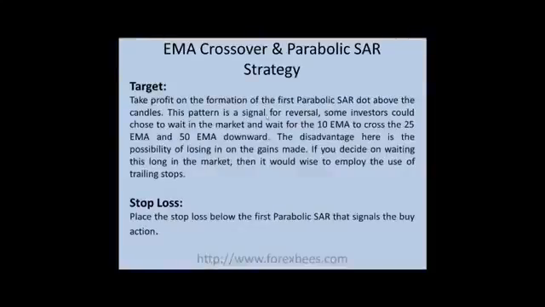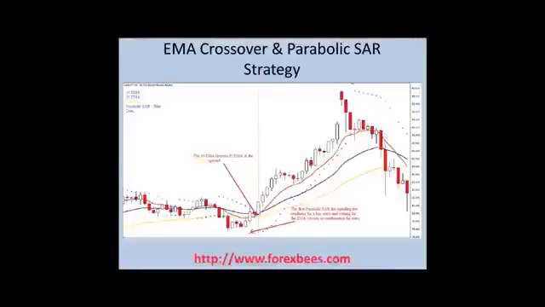Some investors could choose to wait in the market for the 10 EMA to cross the 25 EMA and the 50 EMA downward. But the problem here is that some of the profits you might have until this point, you may lose. You might be in profit finally, but you may not get that many profits, because if you wait until the 10 EMA crosses the 50 EMA, you will get only this much profit.